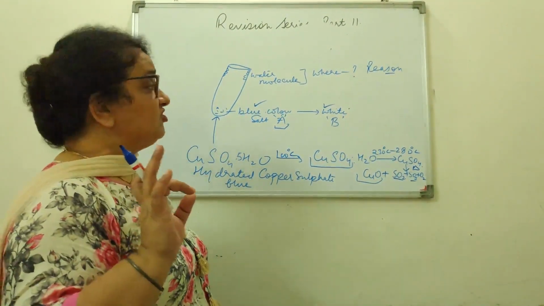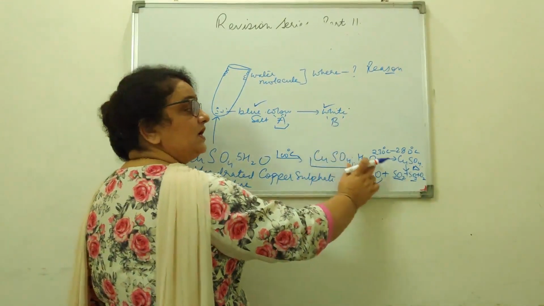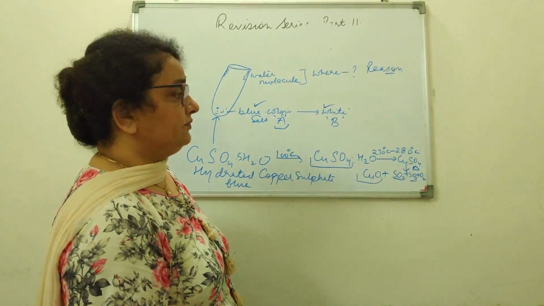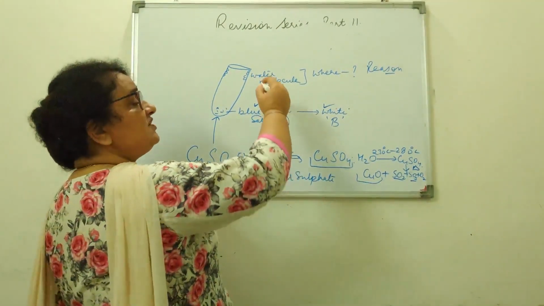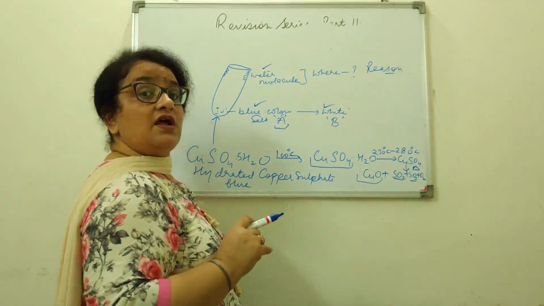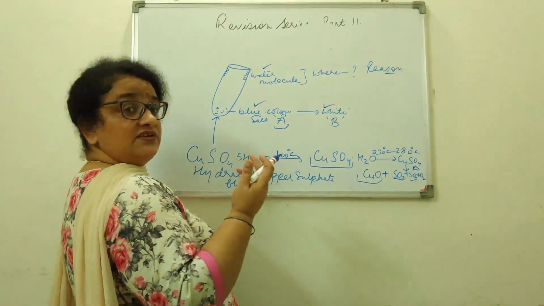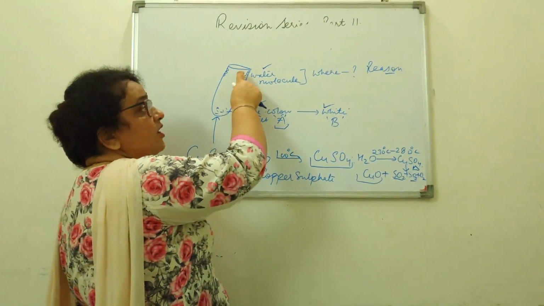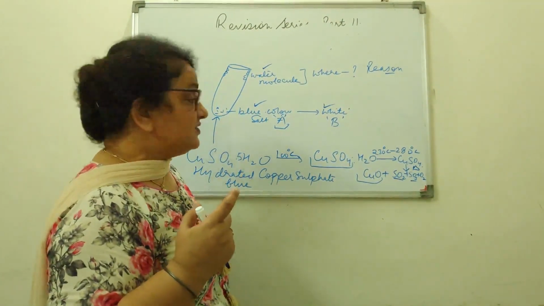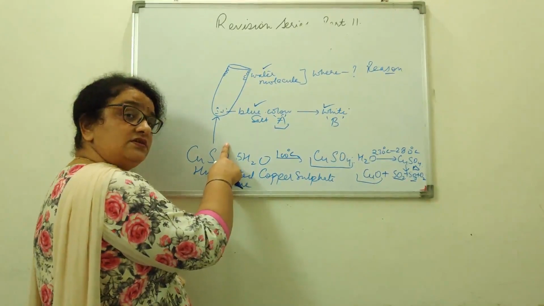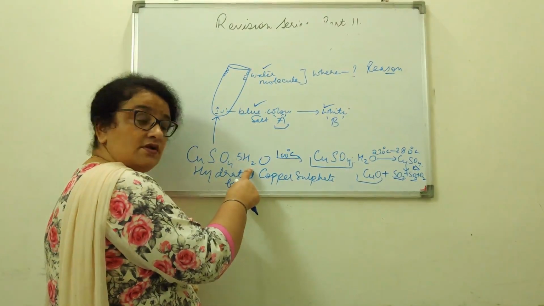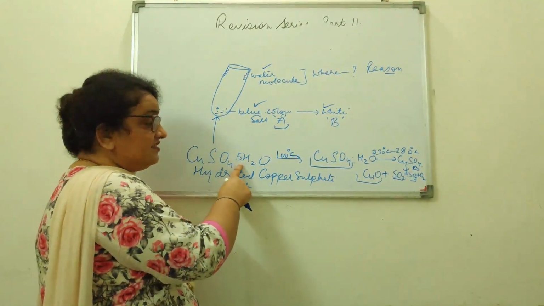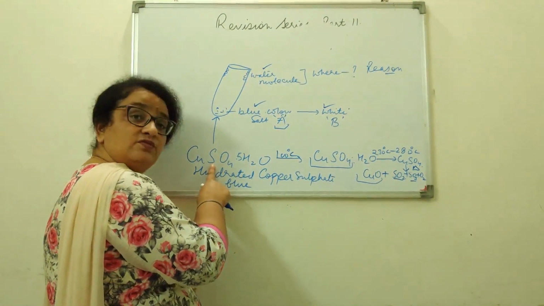But our part of the question is, name the salt B. It is copper sulfate anhydrous. There is no water molecule. Now another part of the question is, since the test tube was a dry boiling test tube, from where did this water come at the neck of the test tube? The answer is, we heated a hydrated salt, and 5 water molecules as water of crystallization were attached to this molecule.